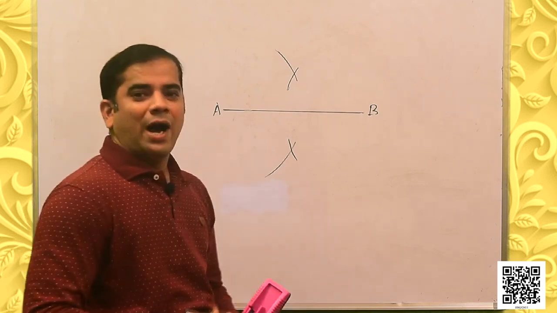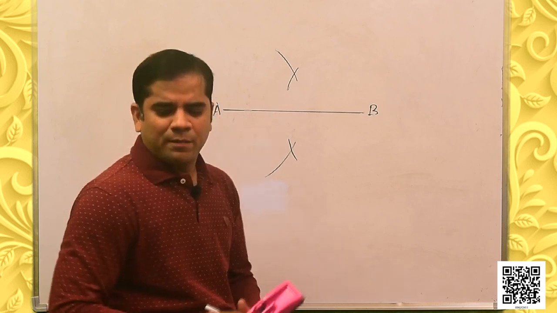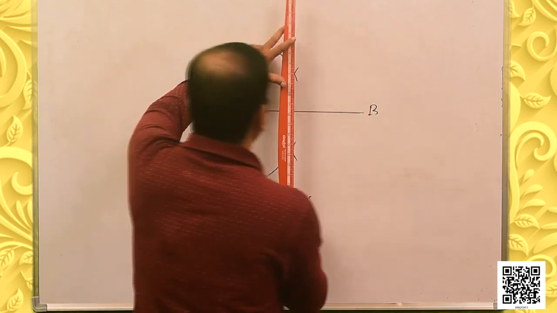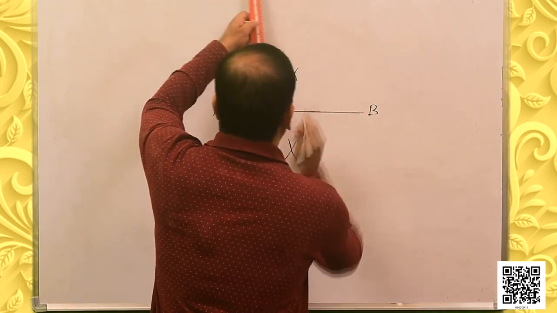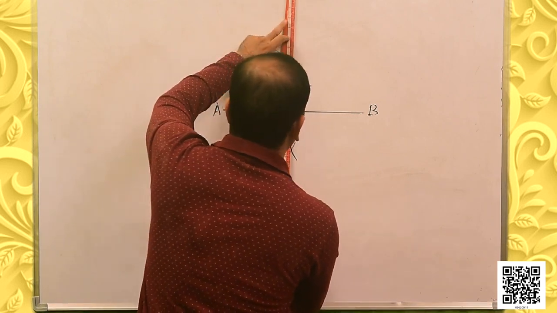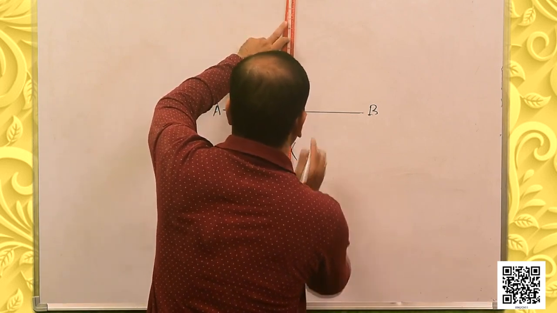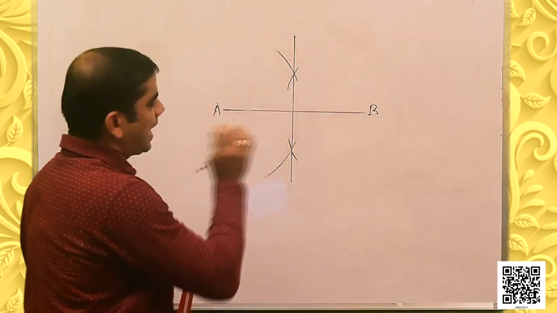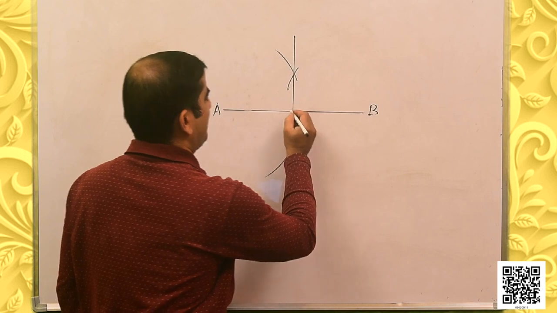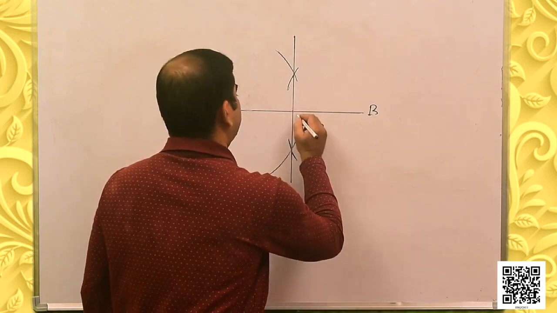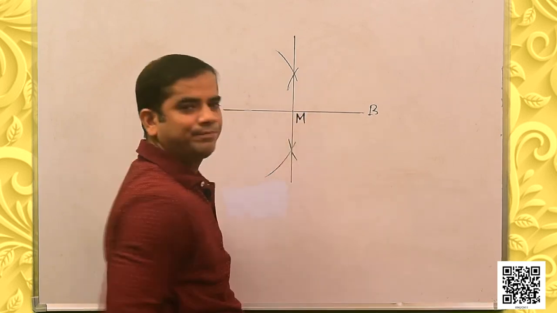Fine. So let us draw the perpendicular line. When I join the points, I will have a perpendicular line, and that line is intersecting AB at a point. Let us call this point M.